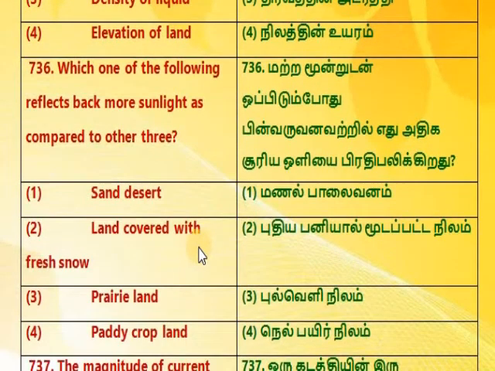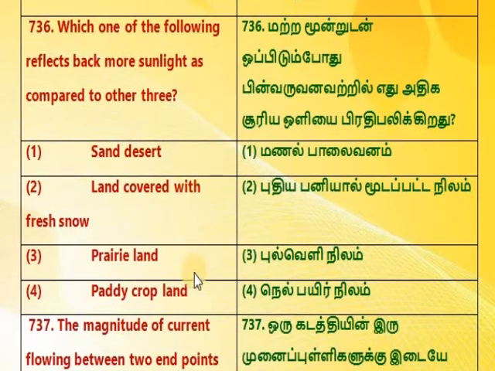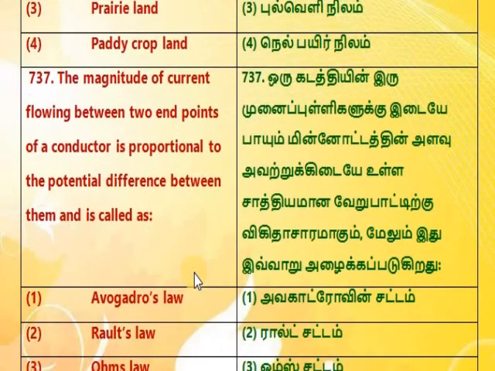736. Which one of the following reflects back more sunlight as compared to other three? 1. Sand desert, 2. Land covered with fresh snow, 3. Prairie land, 4. Paddy cropland. 737. The magnitude of current flowing between two endpoints of a conductor is proportional to the potential difference between them and is called as 1.